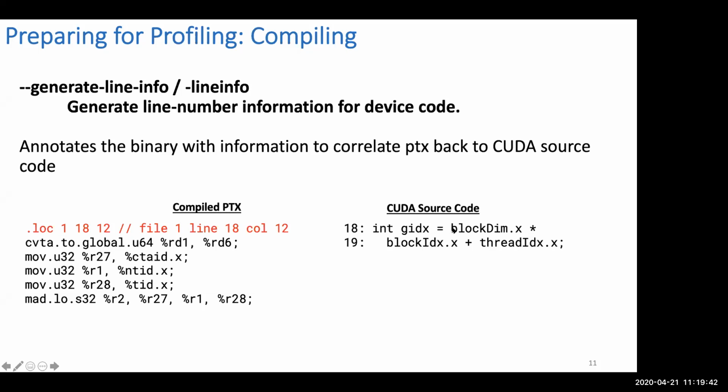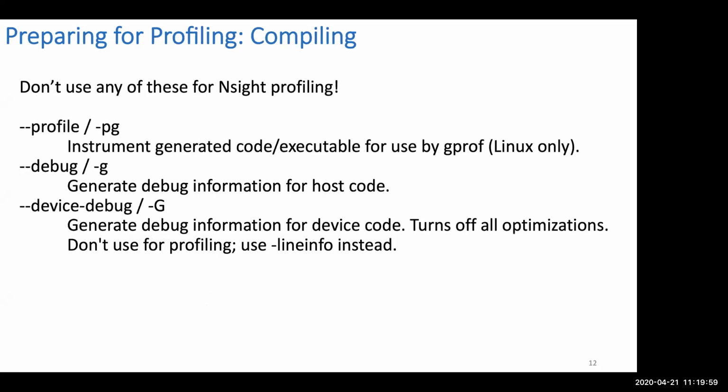I think column 12 is the first B in blockDim, something like that. In any case, it just inserts these pseudo instructions into the PTX that draw a correlation between where the PTX came from. So it's not magic.